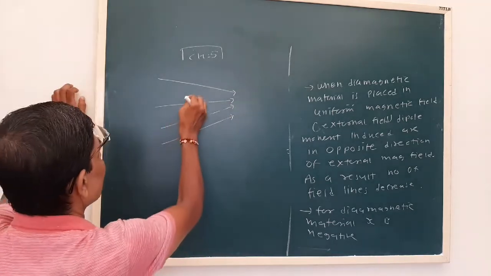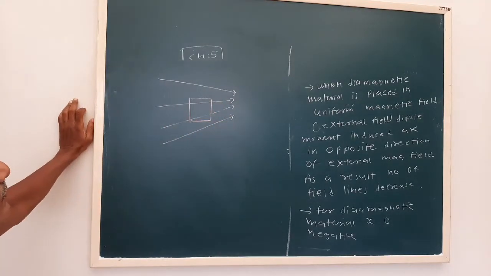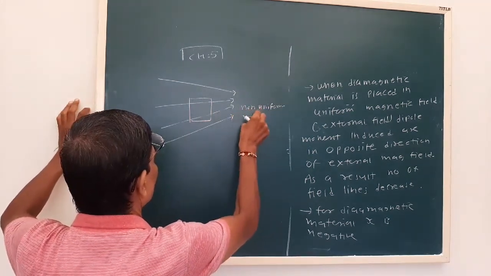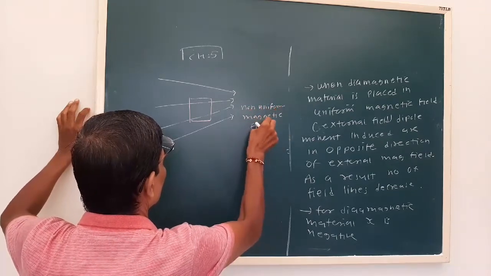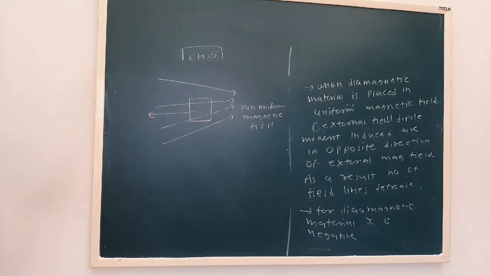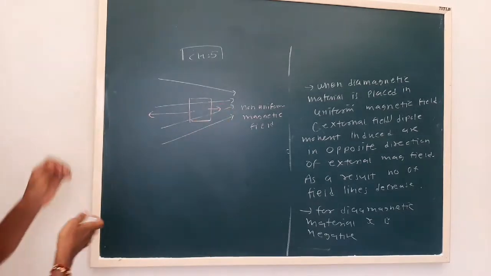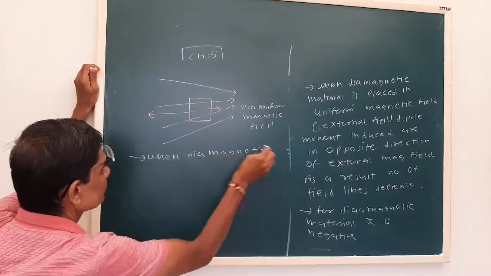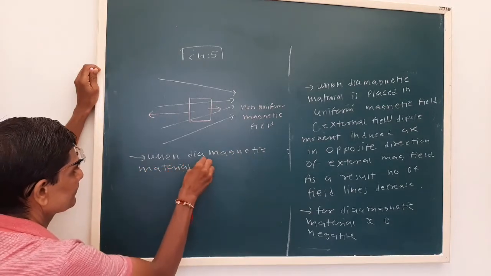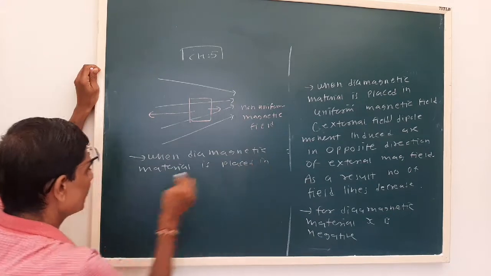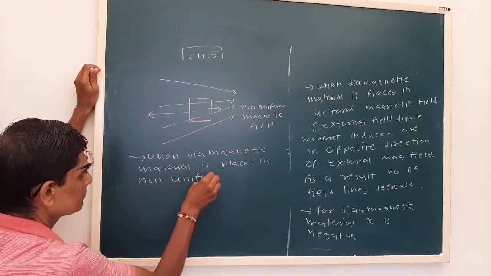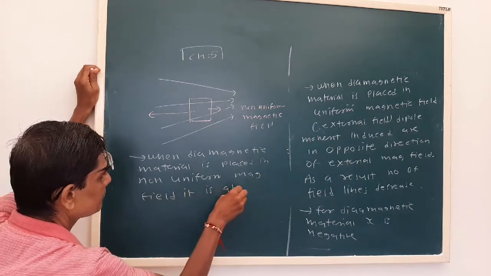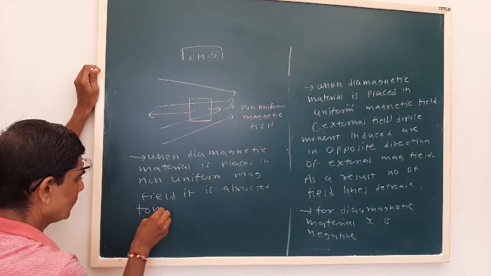When a diamagnetic material is placed in a non-uniform magnetic field, it is attracted toward the weaker region.